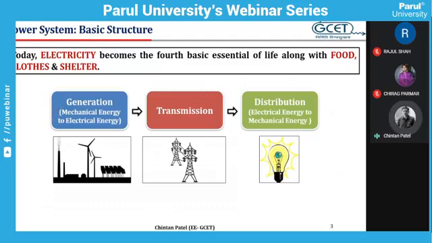At the generating stations, we are converting mechanical to electrical energy. At distribution or utilization, the same electrical energy is again converted mostly into mechanical energy, heat energy or light.